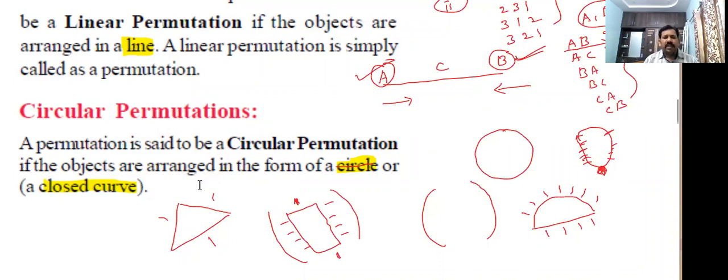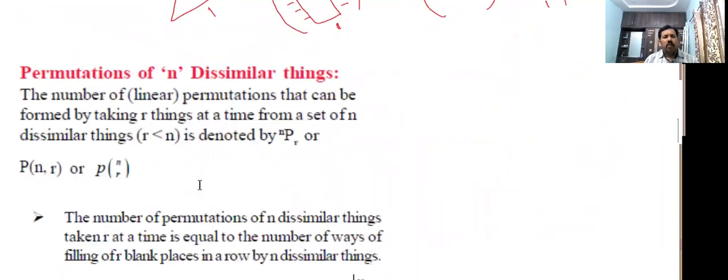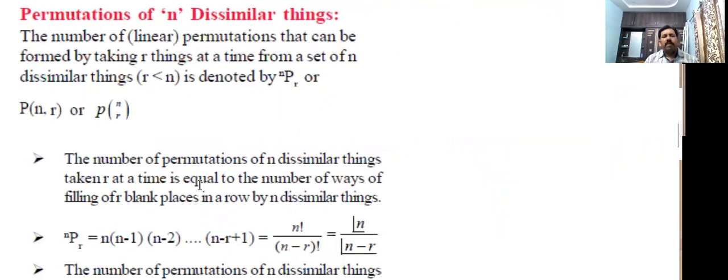Okay, right. Next, permutations of n dissimilar things, not similar. Remember this, dissimilar things. Permutations of n dissimilar things.